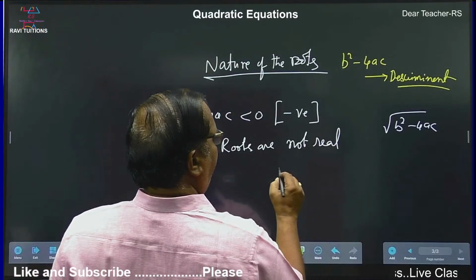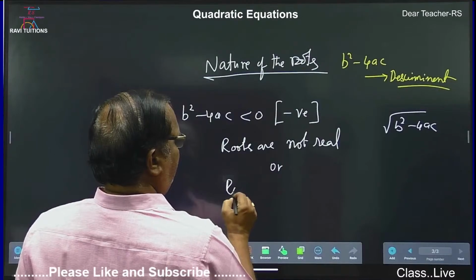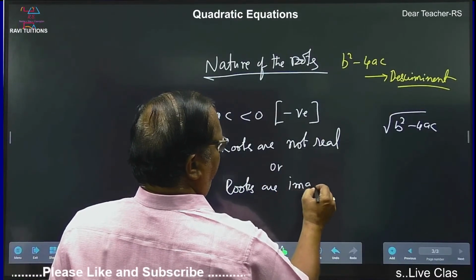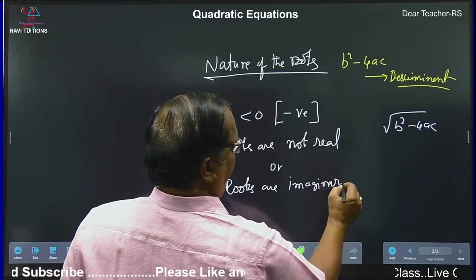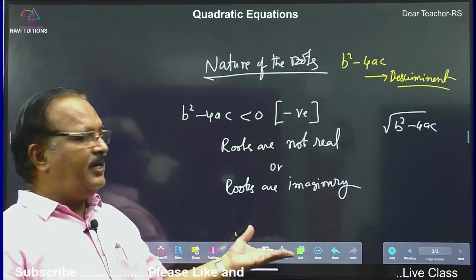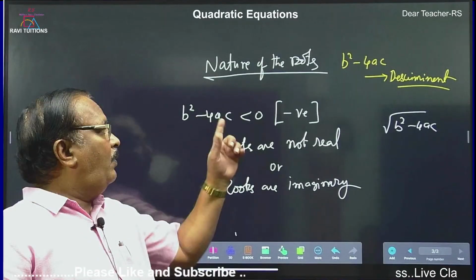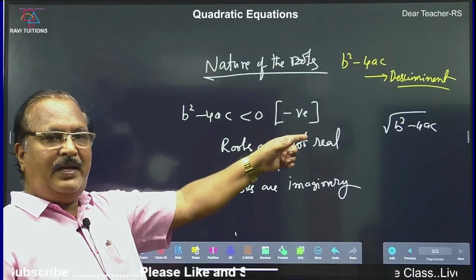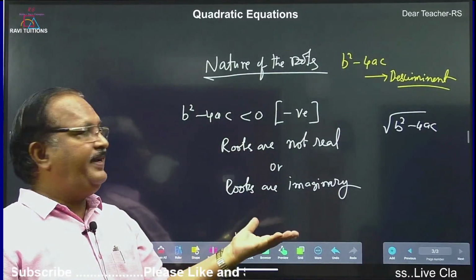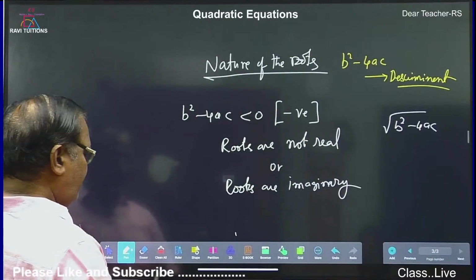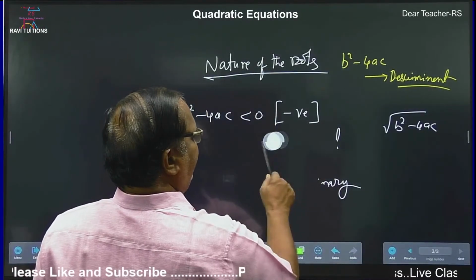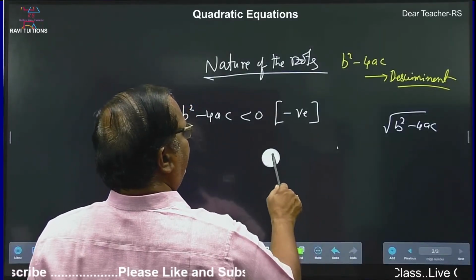This is called imaginary. Roots are imaginary. Imaginary and not real are both the same, when b square minus 4ac is a negative value or less than 0. You may be getting this in MCQ questions. So this is the first one: a minus value, that means less than 0.